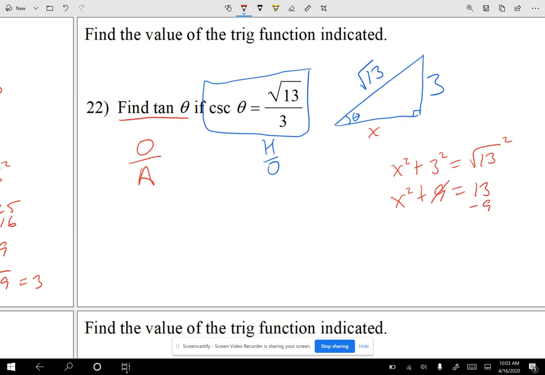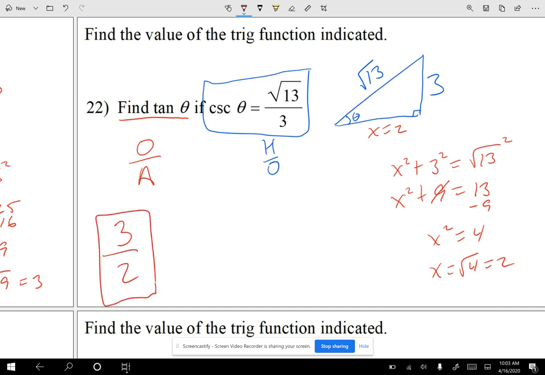Let me subtract the 9. x squared is equal to 4. That means x must be the square root of 4, better known as 2. For tangent, I need to do opposite over adjacent, so I'm just going to write this as 3 over 2. I'm going to type this as 3 over 2.